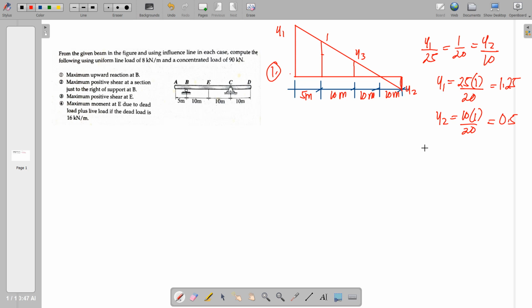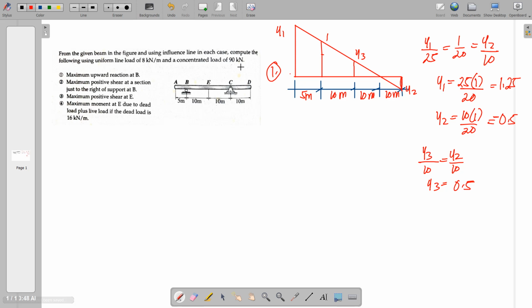So y3 is to 10 as y2 is to 10. So therefore, y3 is just simply equal to y2, which is equal to 0.5. Only that y2 is located at the negative portion, so basically that is negative 0.5.